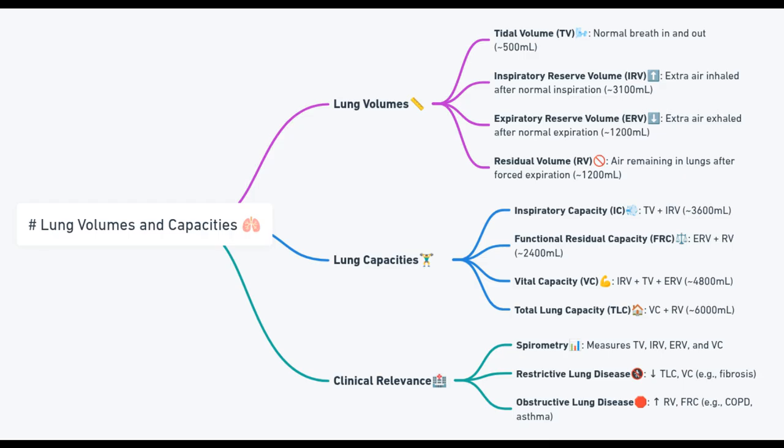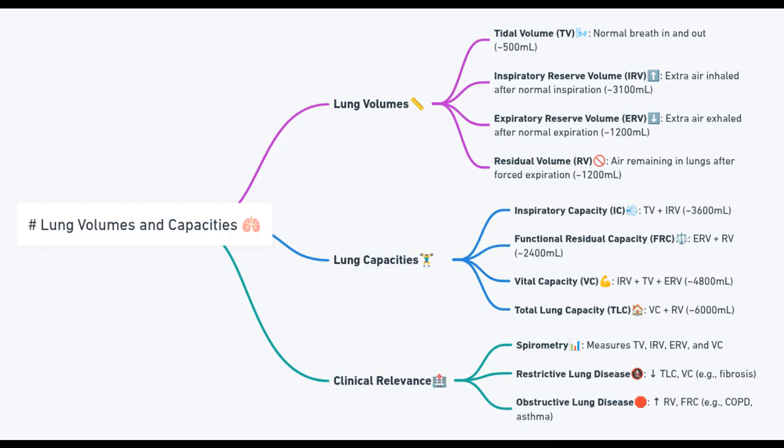And then the total lung capacity has to do with everything, the amount of air the lungs can contain, which is the residual volume plus vital capacity, and the vital capacity being the amount of air that can be exhaled with maximum effort after maximum inspiration, which combines all the other three volumes: inspiratory reserve volume, tidal volume, and expiratory reserve volume.